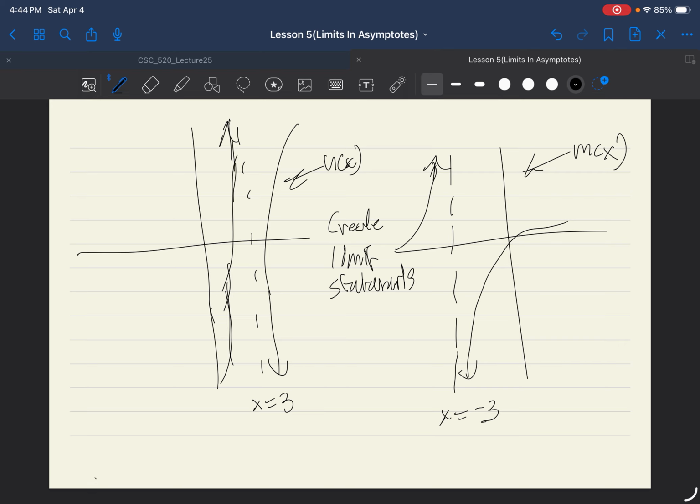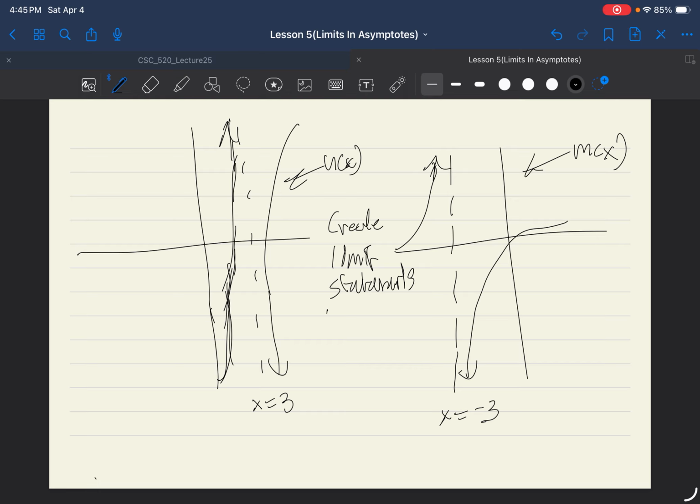So I'd like you to create a limit statement in order to define these two graphs, h of x and m of x. I'll give you a minute to do that. Please pause the video, and then you can see if you got it right after I explain it. All right.